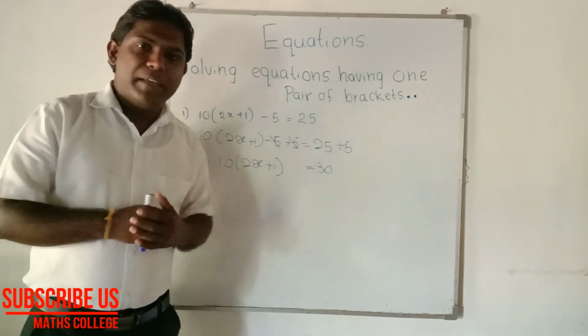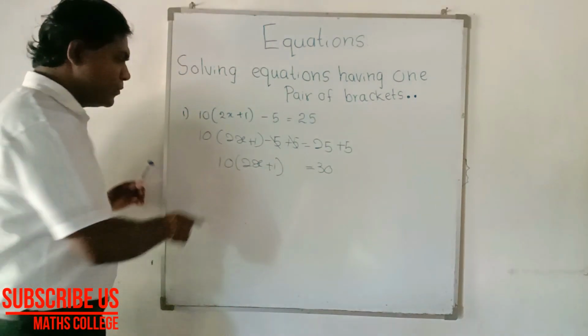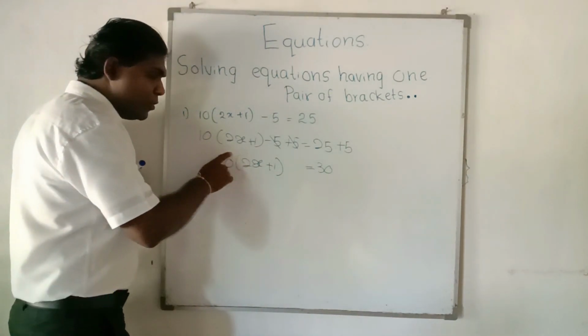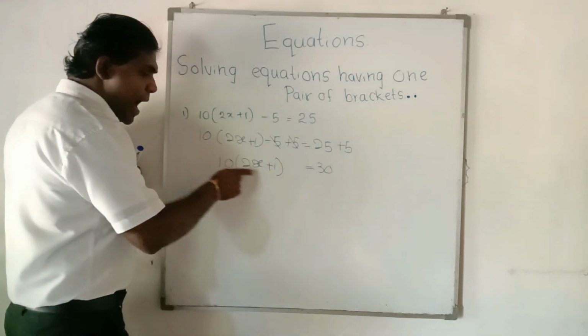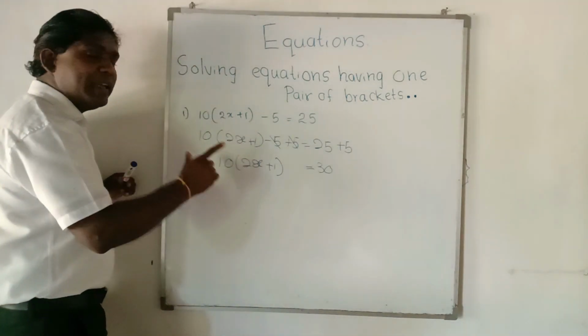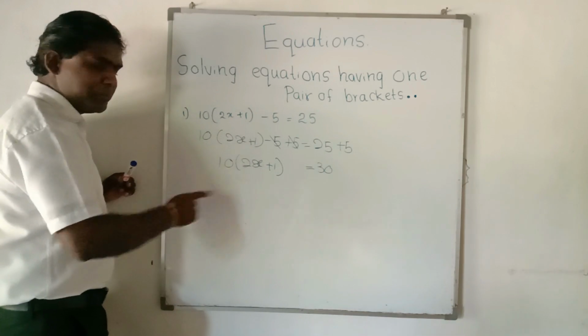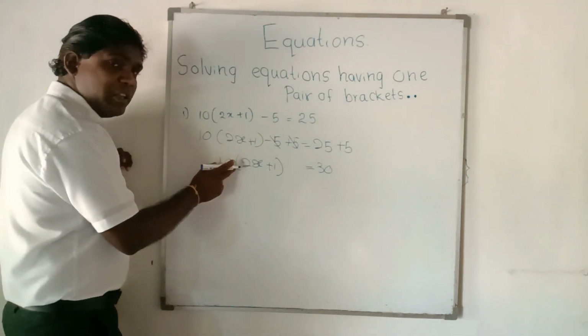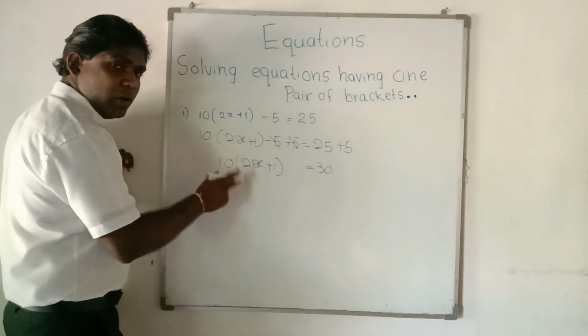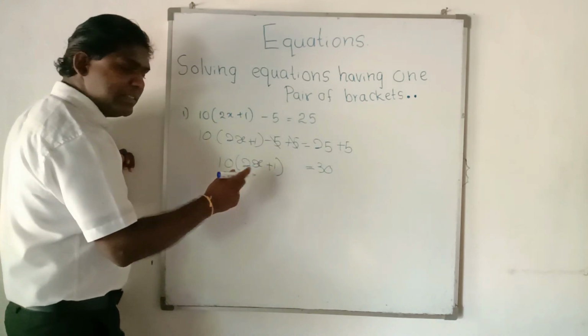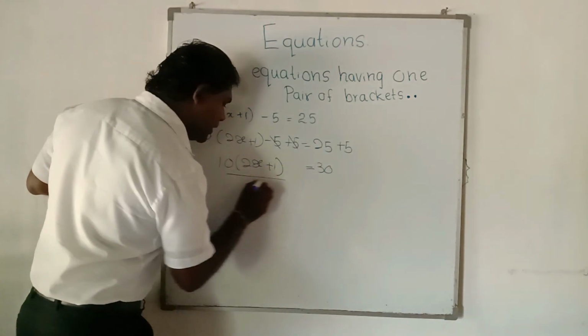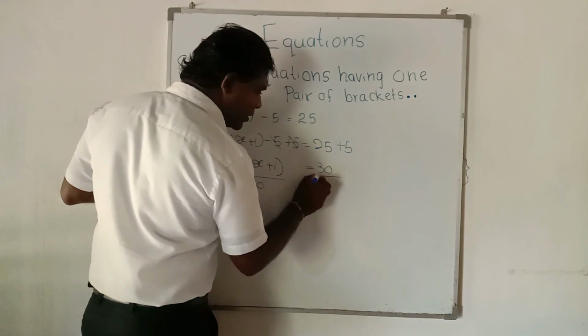I am applying the first method. Without removing this bracket, I am going to divide both sides by 10, because bracket means multiply, and the opposite operation is division.